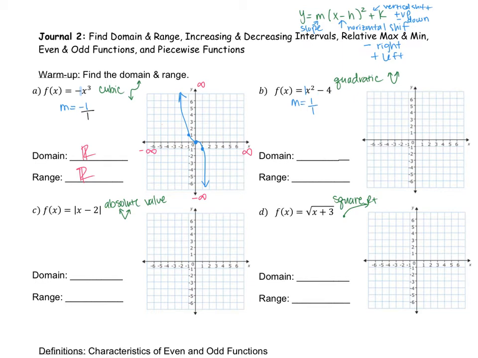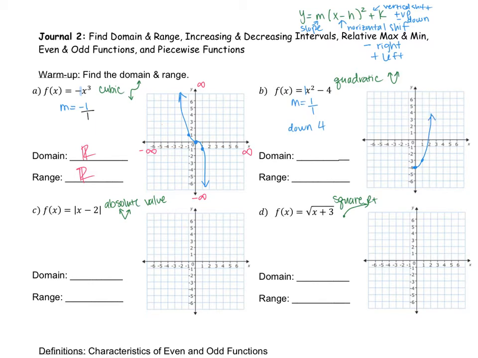So this is saying down 4. So instead of starting at the origin, you have to go down 4, plot, and then using the slope, this is 1 over 1, so up 1 over 1. And so you would just swing this around.